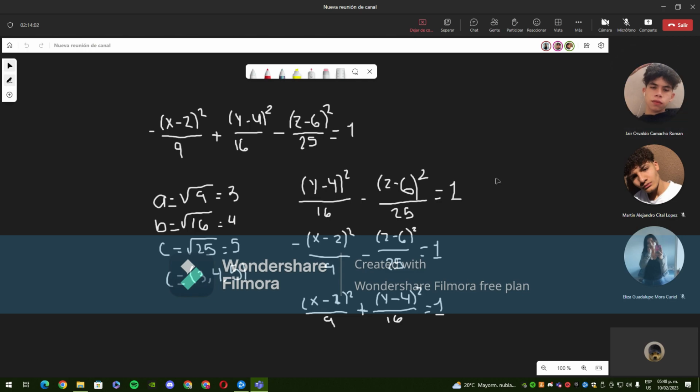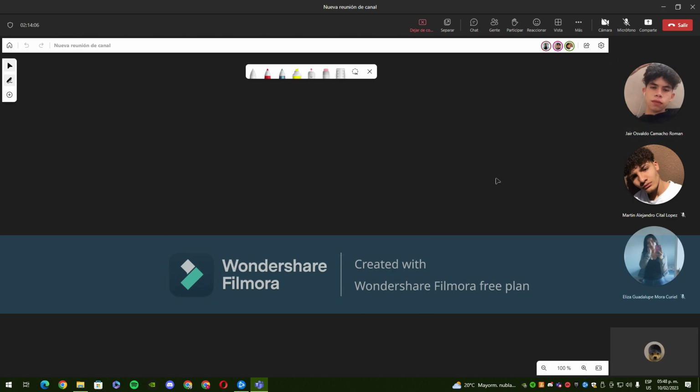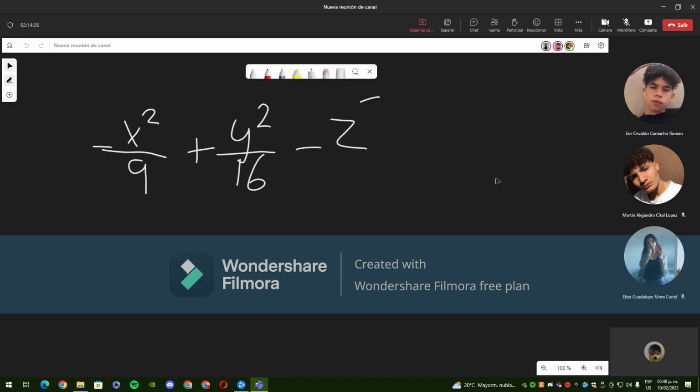The exercise is less x squared over 9 plus y squared over 16 less z squared over 4 equal 1.